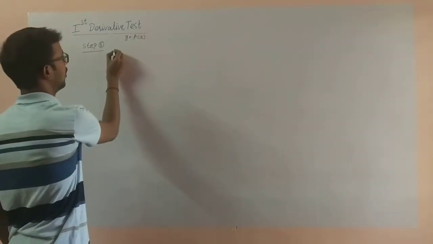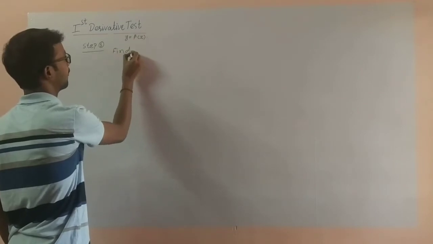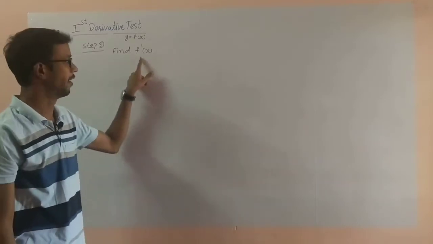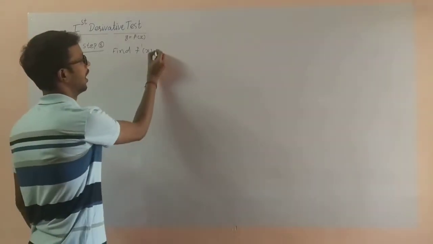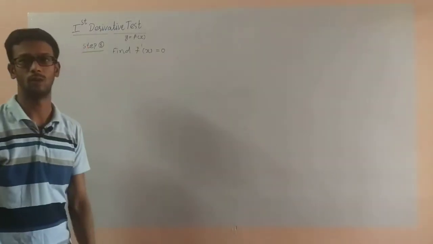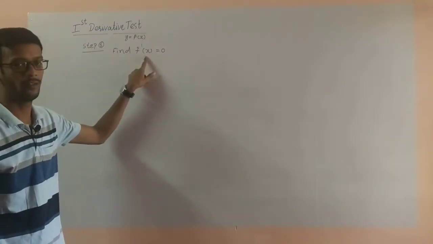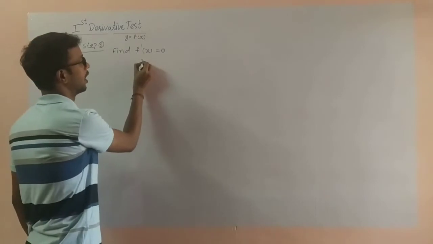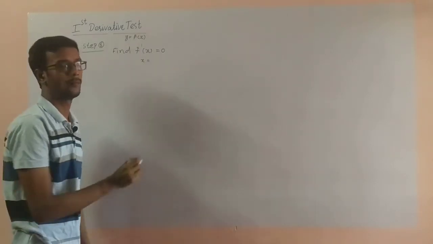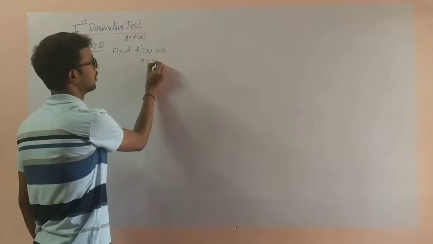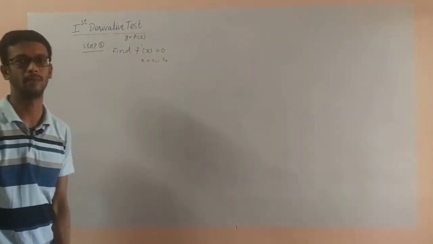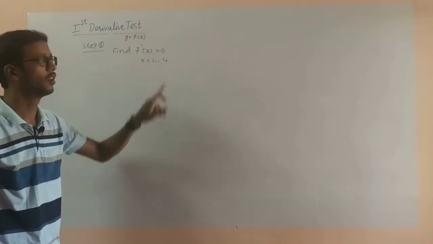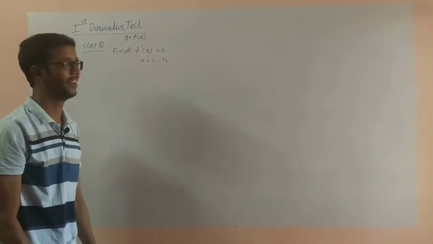First step, find f dash of x and equate it to 0. That time you will get x equal to C1, C2. For example, I am taking 2 points. If we make it equal to 0, you will get the C1 and C2 values.